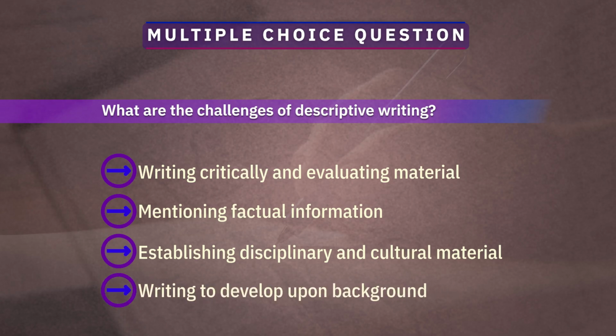And D. Writing to develop upon background. And the answer is A. Developing a critical argument. This is a challenge of descriptive writing. We can do all of the rest. We can establish background, we can provide context, give disciplinary and cultural material that we can foreground in descriptive writing, but it is difficult to frame an argument and to develop on an argument in descriptive writing.